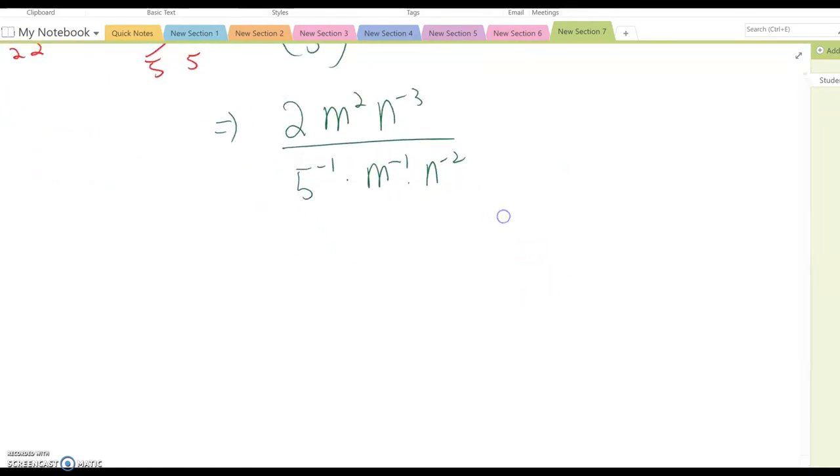Before we cover this kind of problem, whenever you have a negative power expression, you bring it up or bring it down. So this is going down and those are going up here.